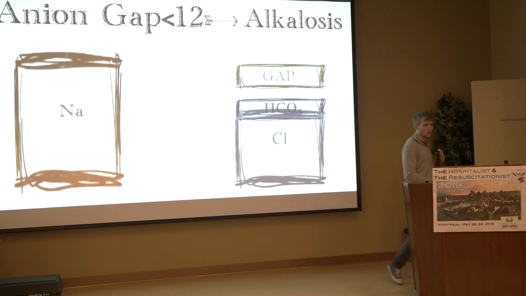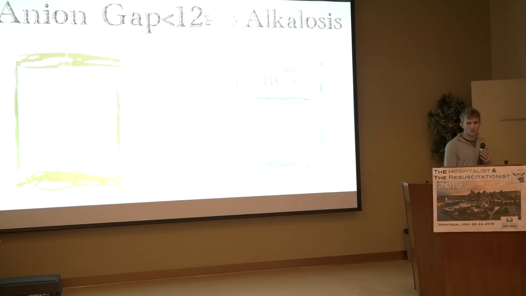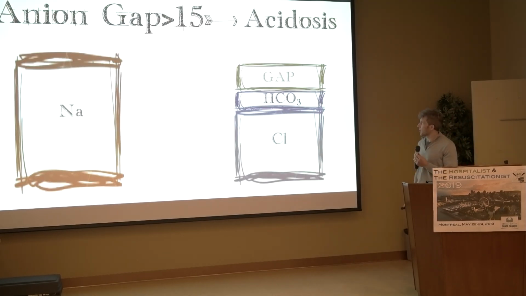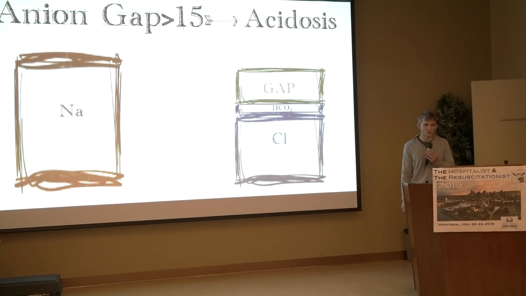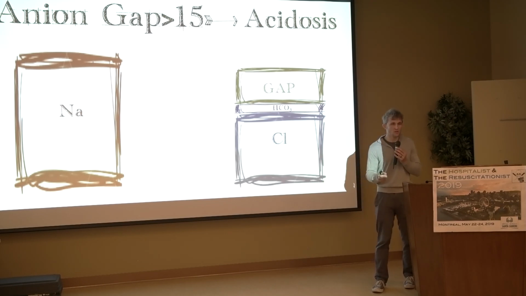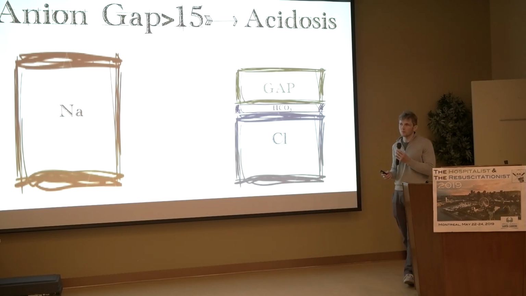All right, so this is probably the most important. Anion gaps greater than 15 is an anion gap acidosis. And why are anion gap acidoses far more serious than non-anion gap, also known as SID, also known as hypochloremic acidosis? Because they might have specific treatment. Yeah, there's stuff in there that actually kills you.